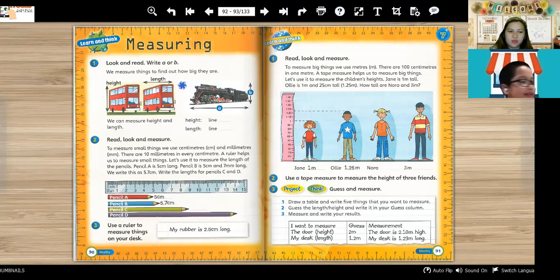What else is on your desk or on your table?